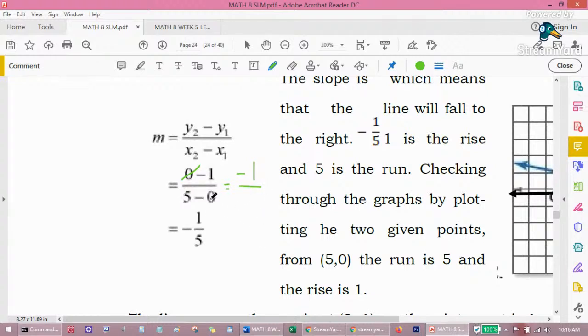Divided by 5 minus 0, that's equal to 5. Yung 0, mawawala na yun. So, magkakaroon tayo ng 5. Positive yung 5. Yung 1, negative. So, negative divided by positive is negative 1 over 5. So, therefore, ito yung slope, negative 1 over 5.